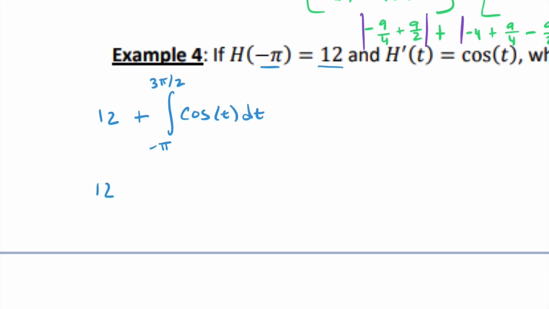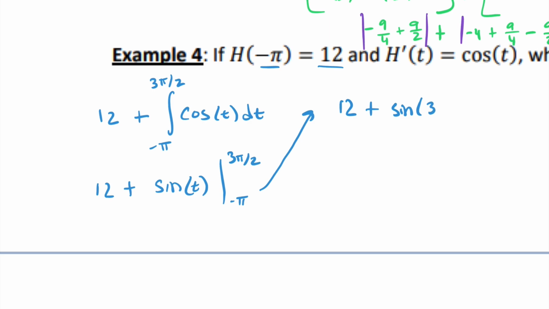So we're going to do 12 plus the antiderivative of cosine, which is sine. It's going to be sine of t from negative pi to 3 pi over 2. Oh, this is quick. We're going to do sine of 3 pi over 2, take away sine of negative pi.